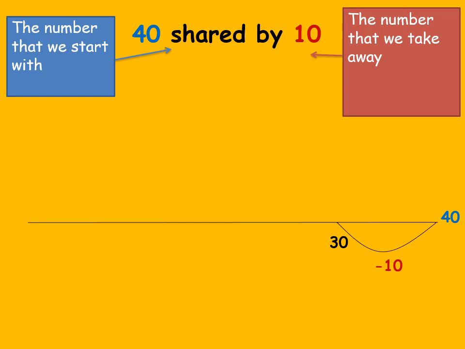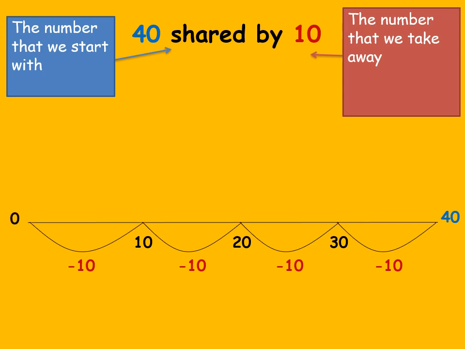So 40, take away 10 equals 30. 30 take away 10 equals 20. And we can count back to help us solve these problems. 20 take away 10 equals 10. And 10 take away 10 equals nothing. So there you go.